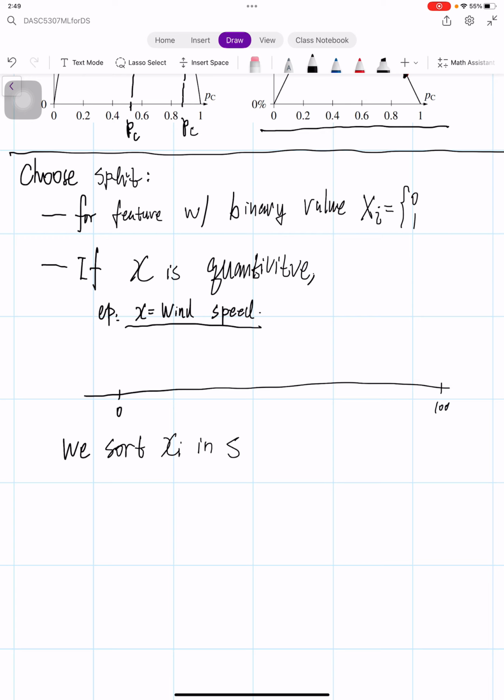For example, suppose we only have a few observations, data points x2, x5, x3, x4, okay? And we split between each pair.